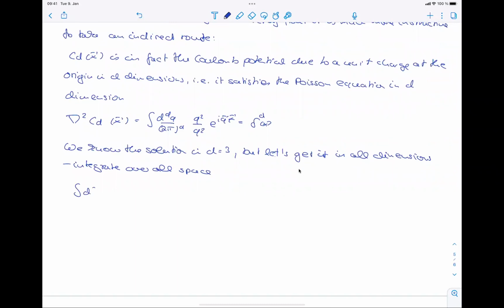So if we do this on the left, d^dx of the Coulomb potential in d dimensions. On the right hand side, we have the delta functional in d dimensions.